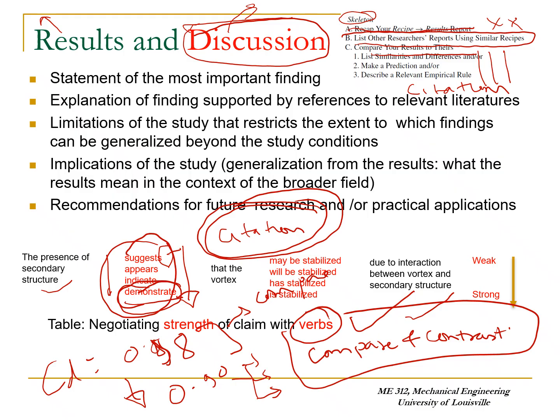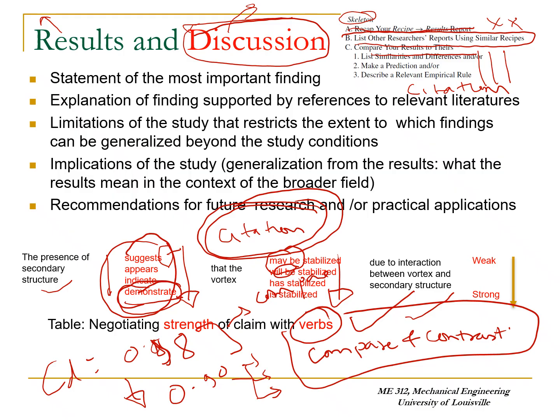It's very important the way you use those tenses as well. And here you have maybe, will be. So the strength is increasing. So the use of specific words and tense is important as you write the discussion section.